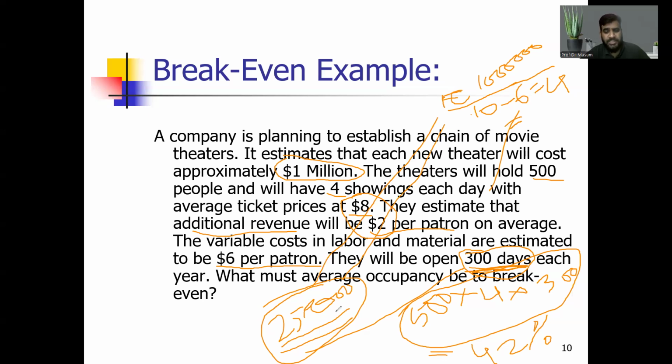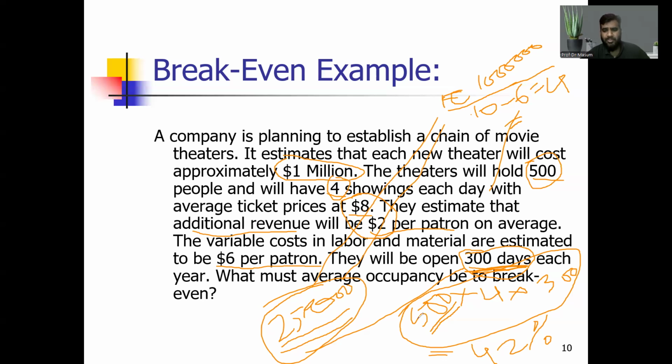You have to sell 250,000 tickets, and the available tickets per showing is 500. Per day is 4 showings. 500 multiplied by 4, and your theater will open for 300 days. So 500 times 4 times 300 equals something.